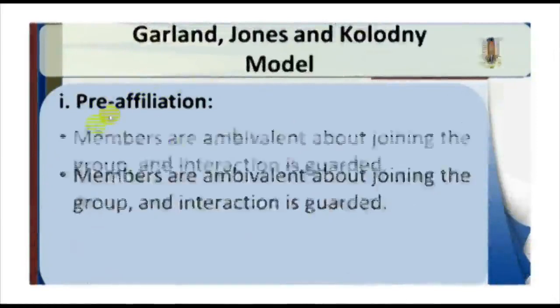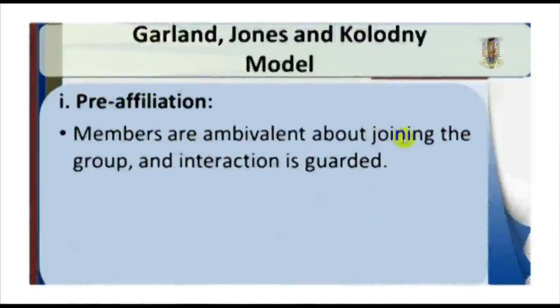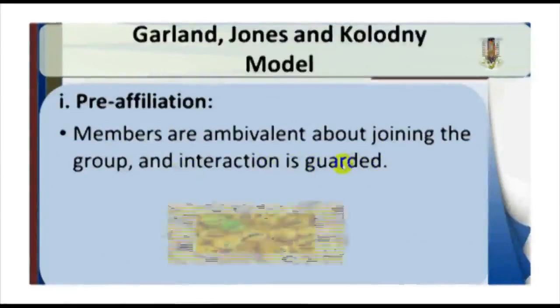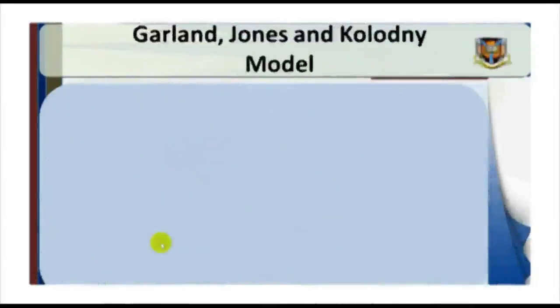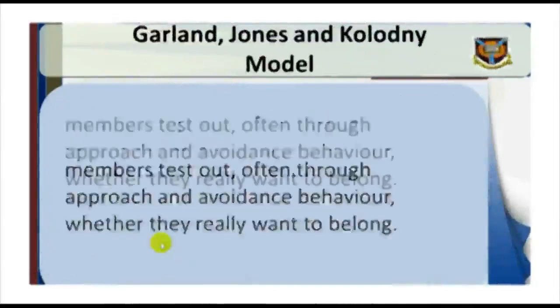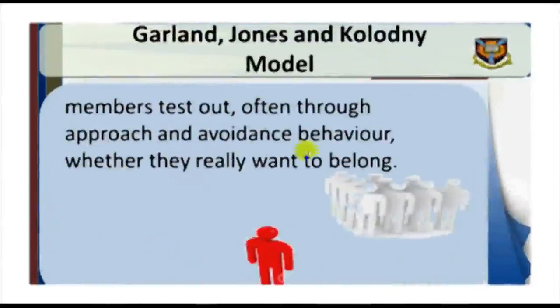1. Pre-affiliation. This is the first stage, in which members are ambivalent about joining the group, and interaction is guarded. At this stage, members test out, often through approach and avoidance behavior, whether they really want to belong.